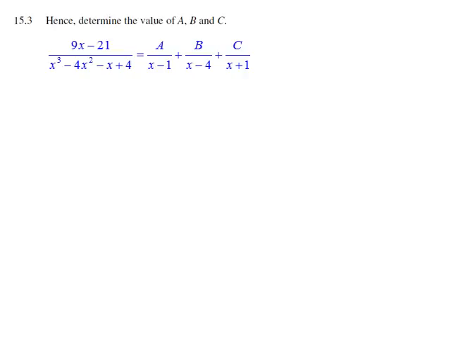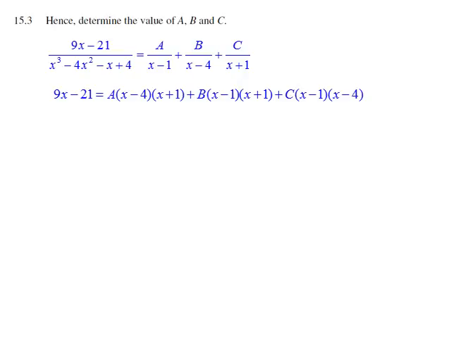So to find the values of A, B, and C, we need to do partial fractions. If we multiply our equation on both sides by the LCD, which is (x minus 1)(x minus 4)(x plus 1), we will get that 9x minus 21 is equal to A(x minus 4)(x plus 1) plus B(x minus 1)(x plus 1) plus C(x minus 1)(x minus 4).